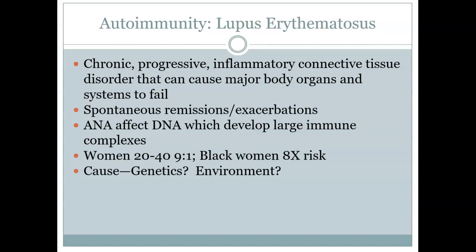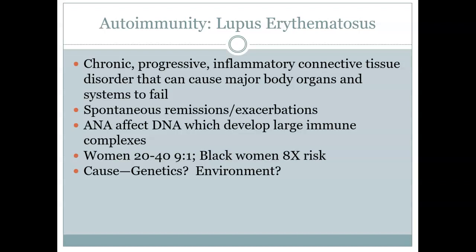It could affect one organ or multiple organs. The patient may have a rash that moves from place to place on the body, or something affecting the stomach one day, and then next week it will be pain in the lungs or the heart. So there are spontaneous remissions and exacerbations.